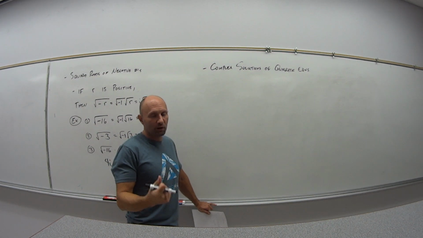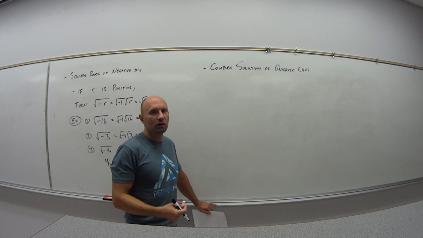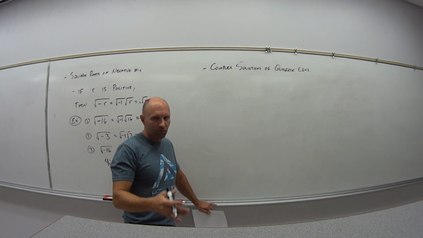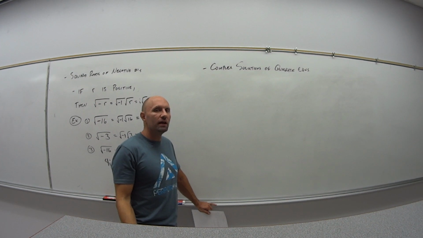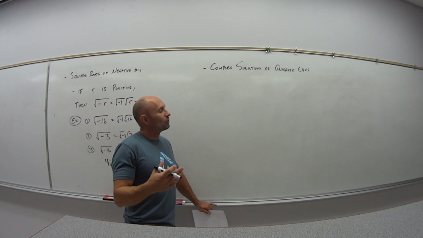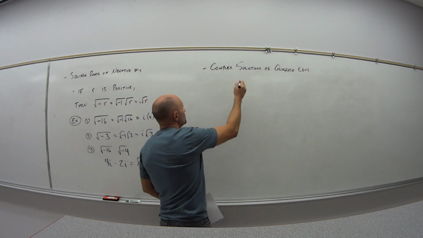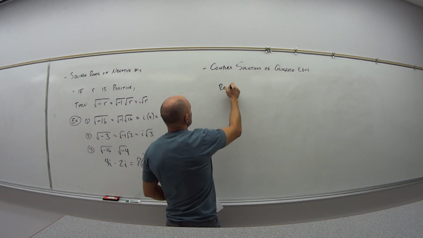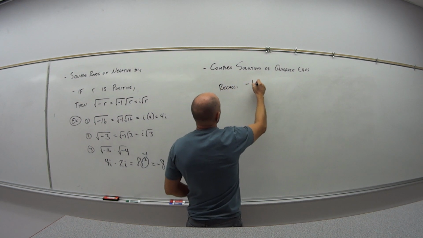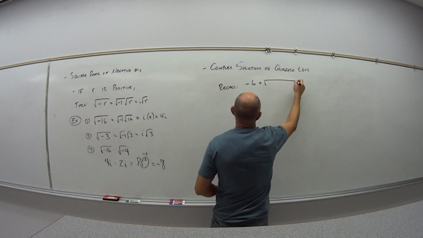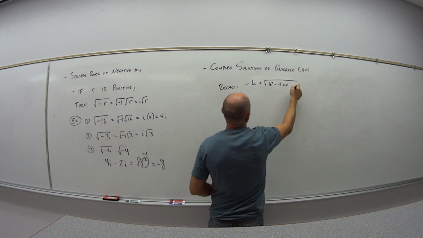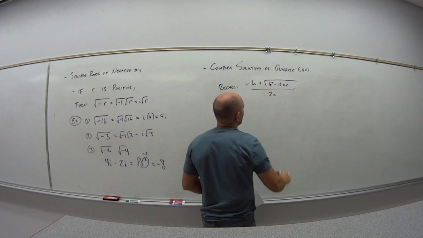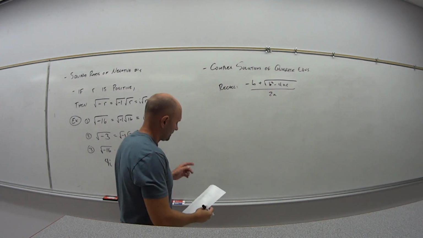In those cases, you were able to factor or use the quadratic formula, simplify, and get to an answer. The same thing holds here. The only difference is we're not going to be able to factor it really, so we're going to have to use the quadratic formula. Recall the quadratic formula is negative b plus or minus the square root of b squared minus 4ac, all over 2a.